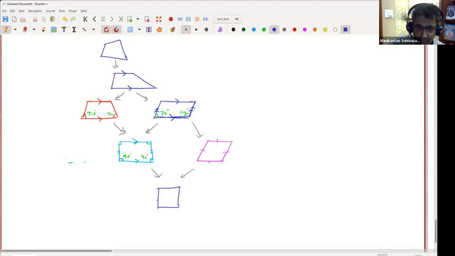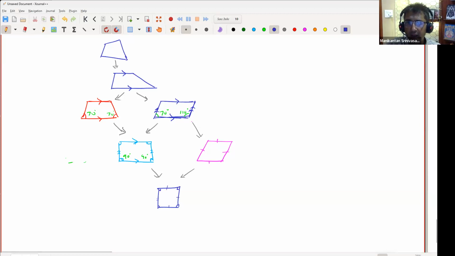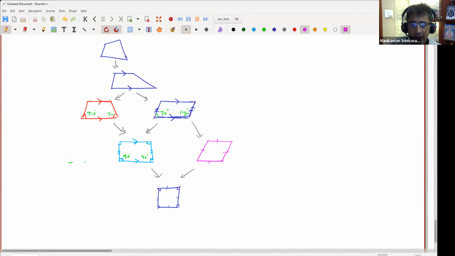A square is both a rectangle, as in the adjacent angles are equal and supplementary, and then it's also a rhombus. The adjacent sides are all equal in length, and therefore you get a square. And then you also have a kite, which is sitting somewhere, I would say here, right?